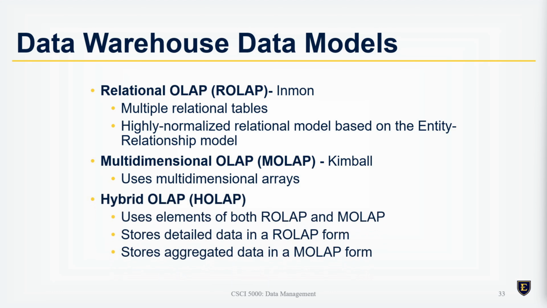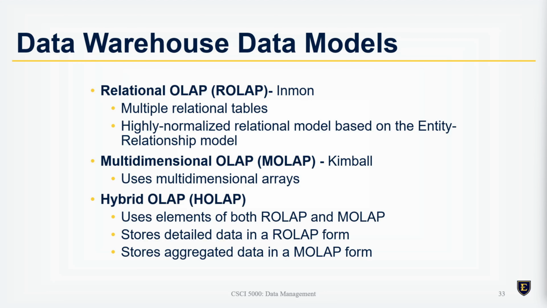And then typically what we see often is a hybrid model that uses elements of both the ROLAP and the MOLAP models to store detailed data in a relational form, but aggregated data in a multidimensional form. And we'll take a look at how that works.